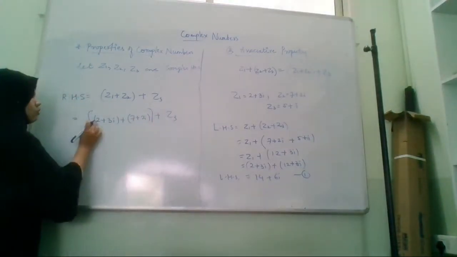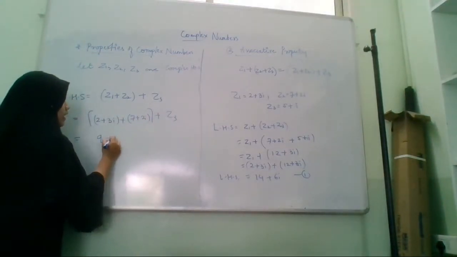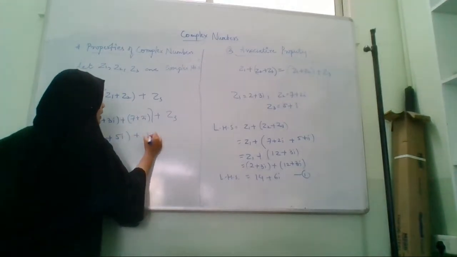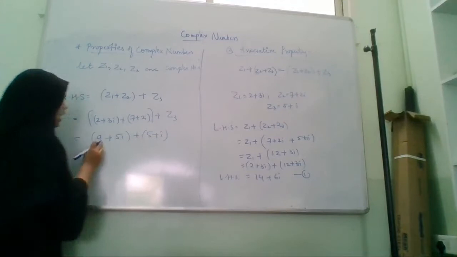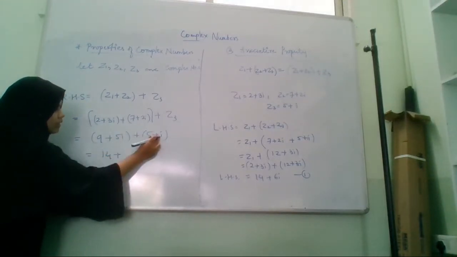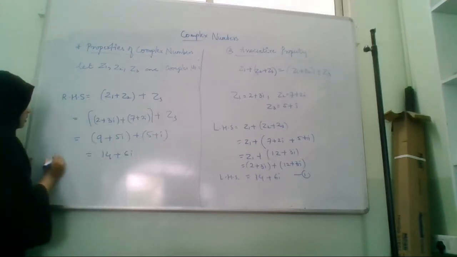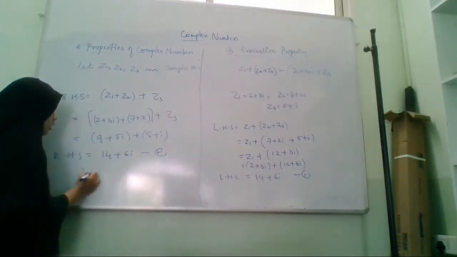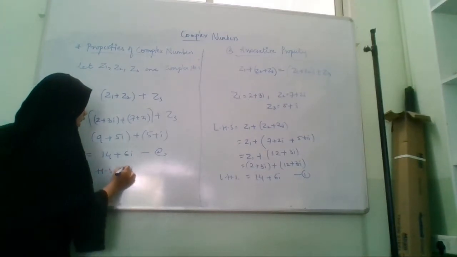Now 2 plus 7 is 9, plus 3 plus 2 is 5i, plus what is Z3? It is 5 plus i. Now 9 plus 5 is 14 and 5 plus 1 is 6i. So this is your RHS. So from equations 1 and 2, your LHS is equal to RHS.